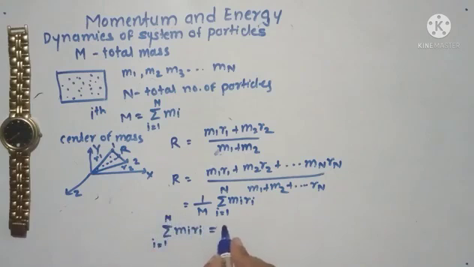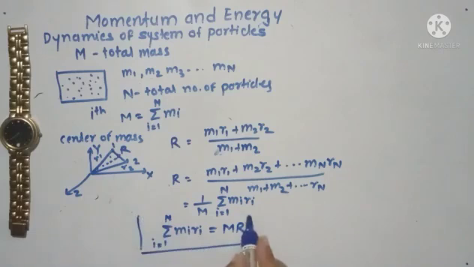So that can be given as M into capital R. This is the expression which we use everywhere in the dynamics of the system of particles: summation of mi ri is equal to M into capital R, where R is the position vector of the center of mass.